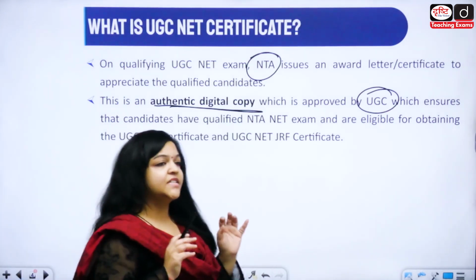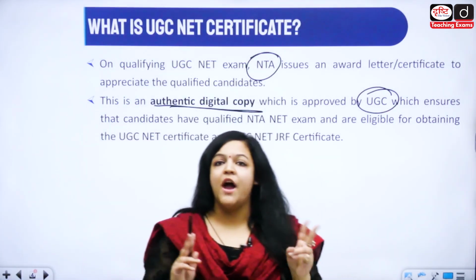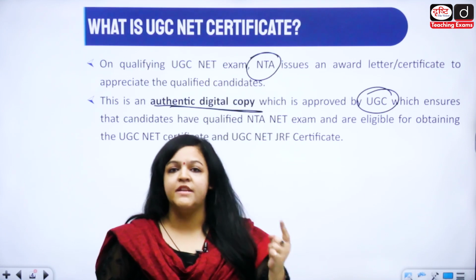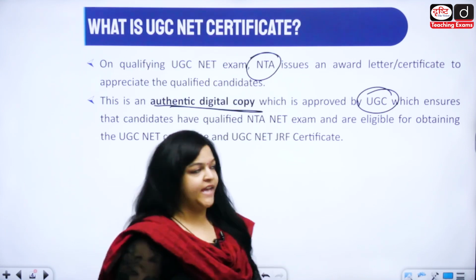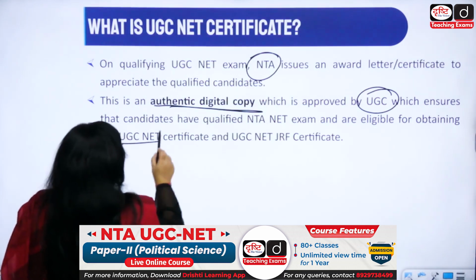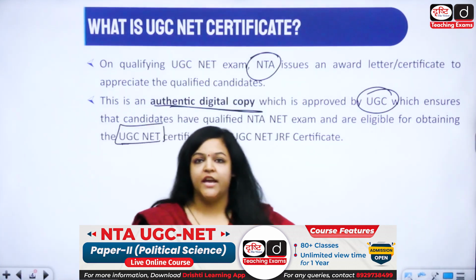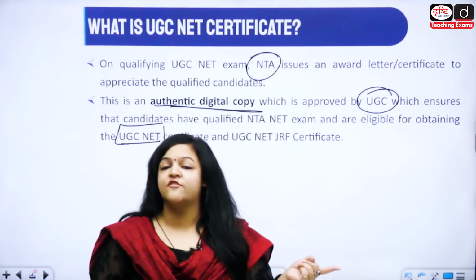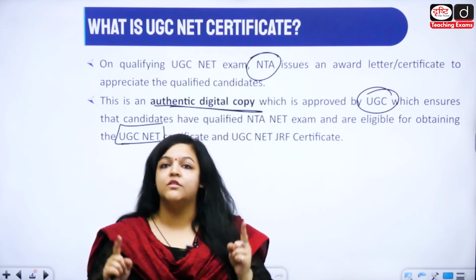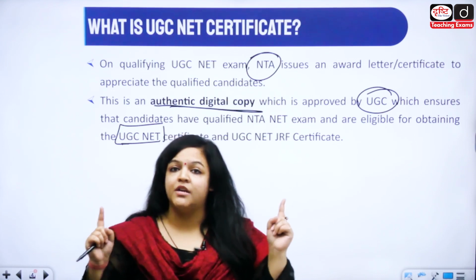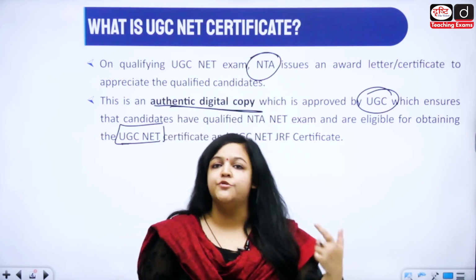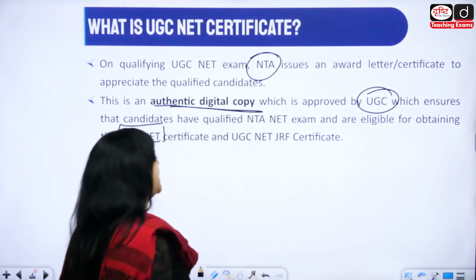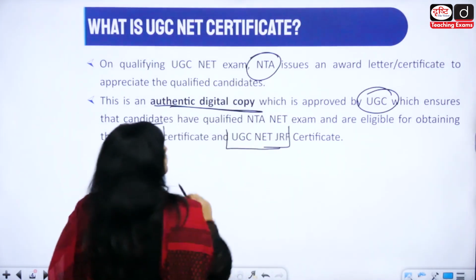Now, the certificates here are different. So you have two different certificates. If you have applied for a normal NET exam, the certificate that you will get will be for UGC-NET. But if you have applied for UGC-NET JRF, in your application form only, you have to mention that you are also applying for JRF. There's a separate cutoff for both of them. So if you're able to meet the cutoff for JRF, the certificate which will be given to you will be the UGC-NET JRF certificate.